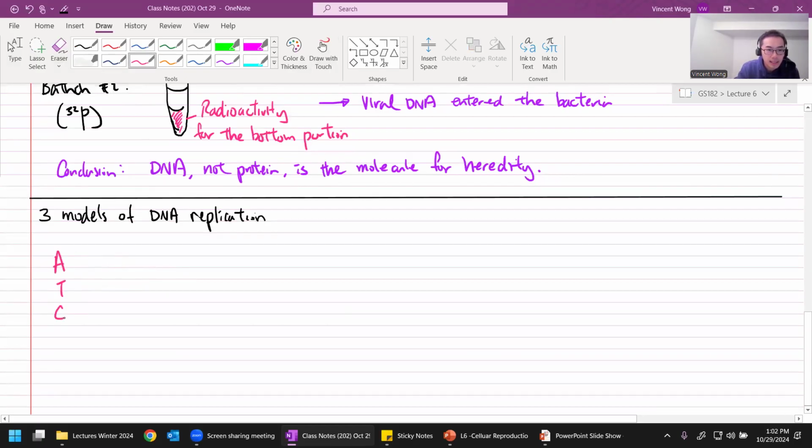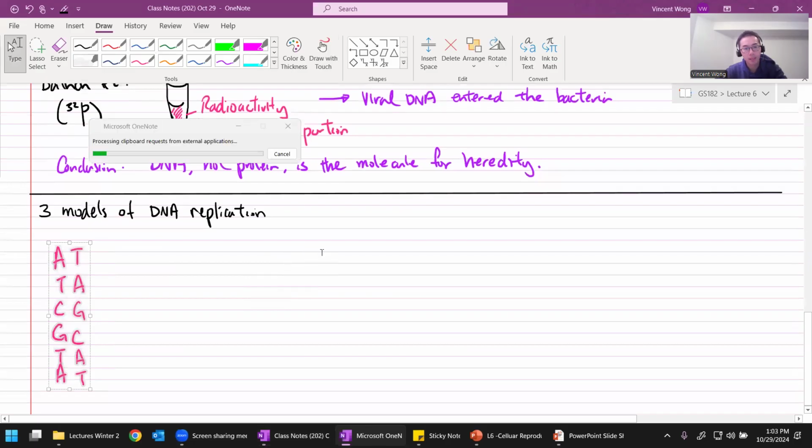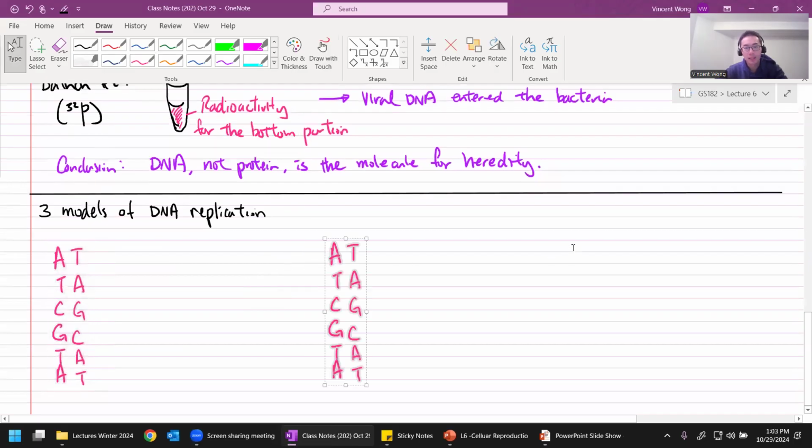A, T, C, G, T, A. So the other side must be T, A, G, C, A, T because of the complementary property of DNA, right? So I'm just going to make three of these things.